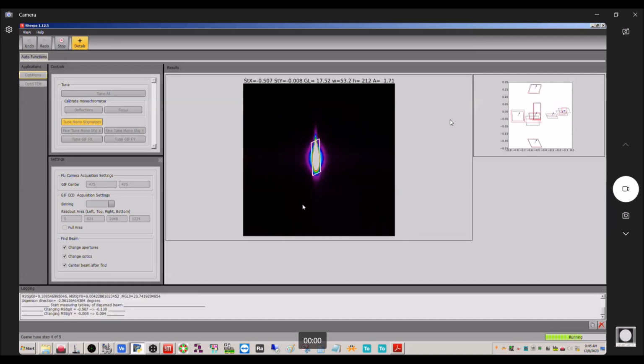We're going to see the difference, hopefully see the improved energy resolution. All right, so we're almost done.